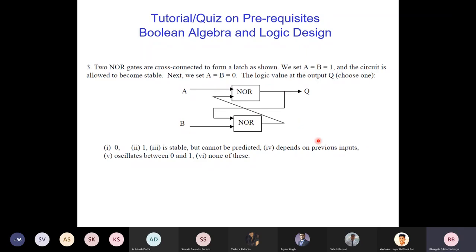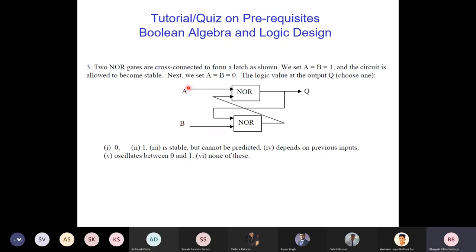Just look into this simple circuit, just two NOR gates, nothing else. Now, one thing you should remember here. When I say that the two inputs A and B simultaneously change to 0, in real life it would never happen, because there may be a certain delay between them. One of the inputs might switch ahead of the other, because of realistic considerations.